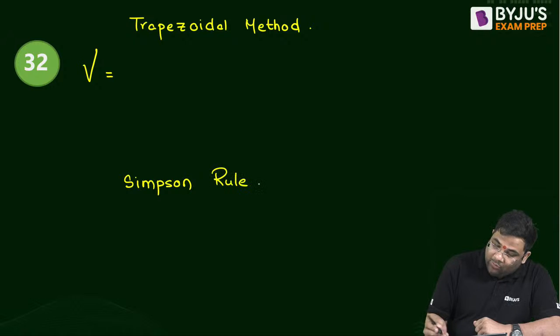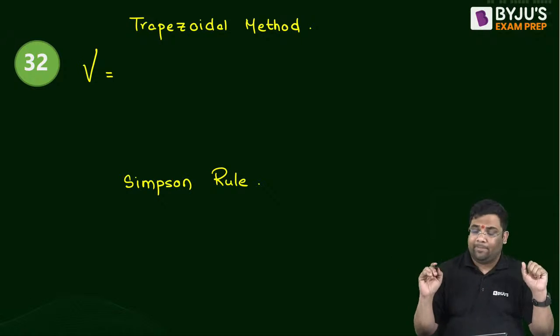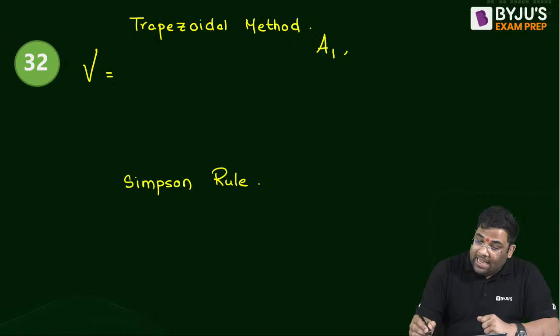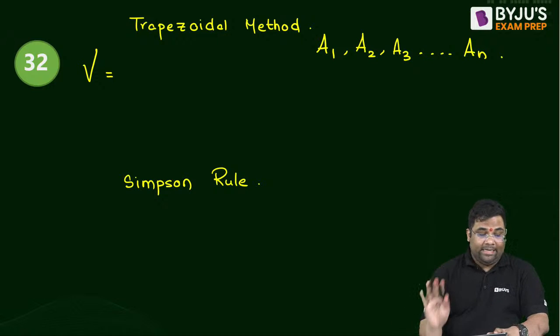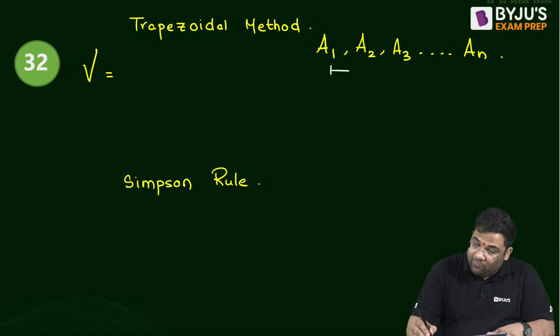So how to remember this formula? Suppose we have n areas: A1, A2, A3, up to AN, and these areas have a difference of H distance.